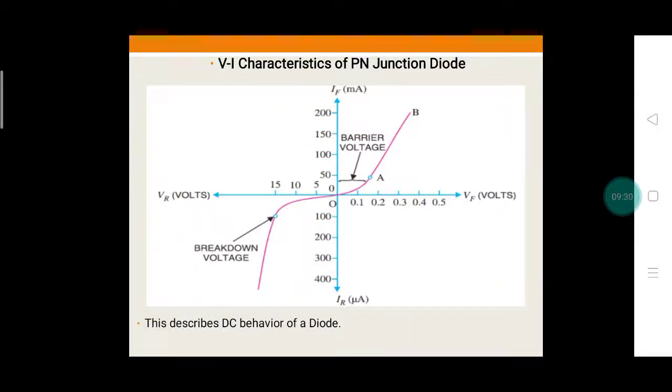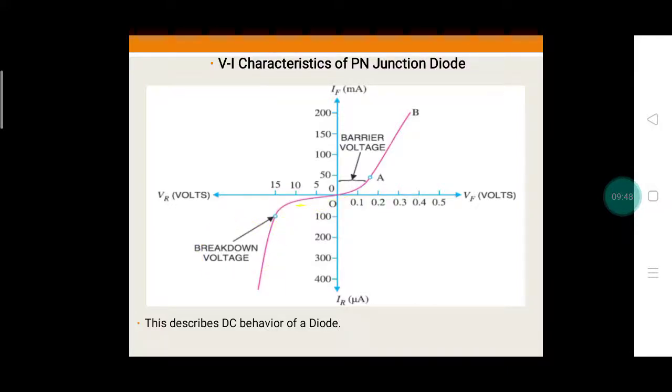This is the graph for forward biasing and reverse biasing. We can see this is the minimum potential required to start conduction and have the flow of current, and this minimum potential is known as the barrier potential. Similarly, in reverse biasing, there is a breakdown voltage.